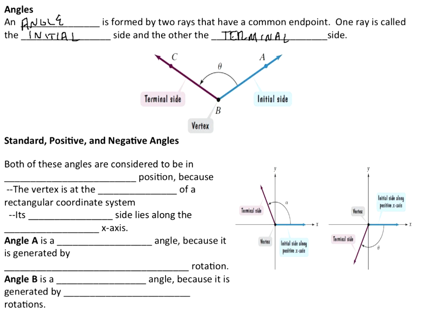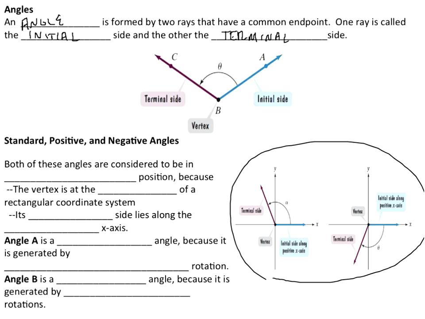And we have the standard position of angles, and then we've got types of angles that can be either positive or negative. Both of these angles off to the right over here are in standard position.